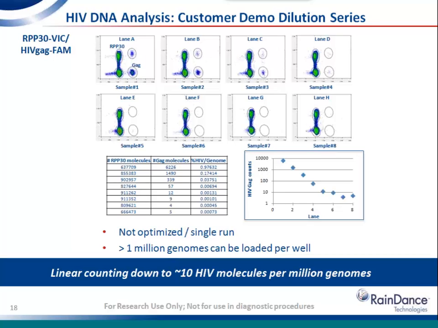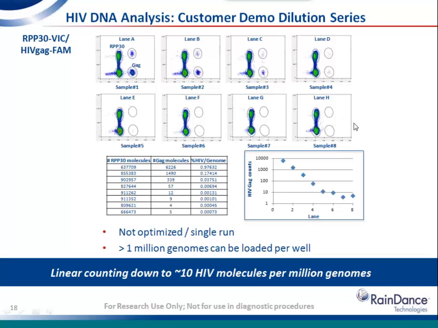To see latent HIV, you would like to be able to see a very small number of copies of the integrated HIV in the background of a lot of wild-type genomes. And that's exactly what the system demonstrated.